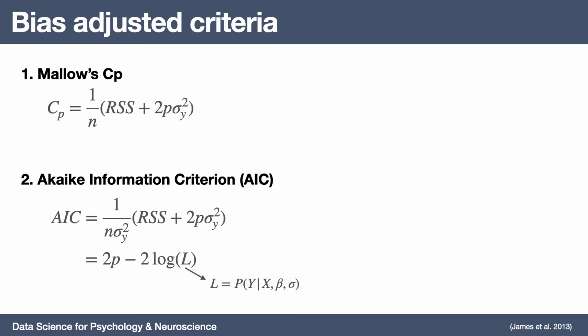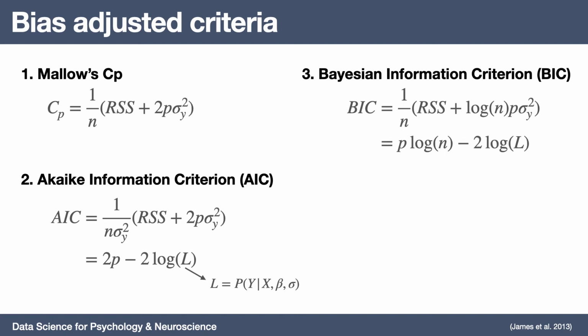A variant of AIC that's a little bit more conservative is the Bayesian information criteria, although AIC and BIC both produce pretty much the same results. BIC is essentially the residual sums of squares plus the log of the number of observations in your data set times P times the variance of Y. So notice we just replaced the 2 in our AIC with log n. And we divide that by 1 over n.